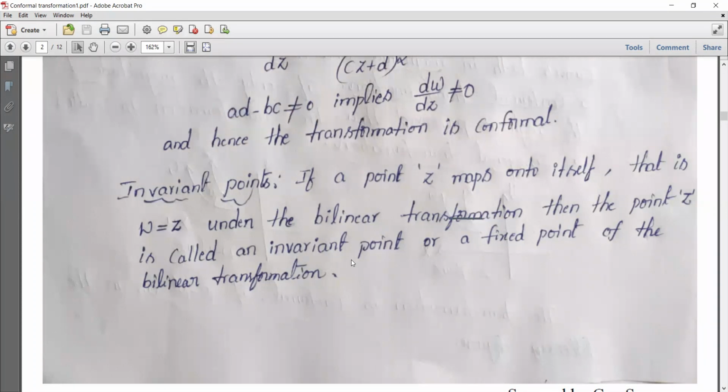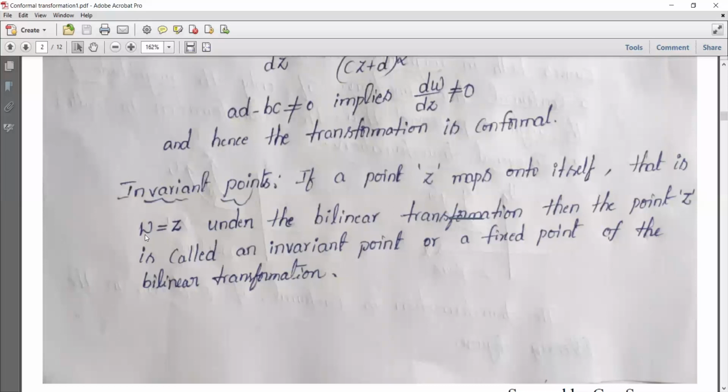Z maps onto itself means how can it map without a mediator, without a transforming function? It cannot map. To map something to something, we need some transformation. We need some mediator. That is the bilinear transformation W here. So to say this Z is an invariant point, it must map onto itself with the help of bilinear transformation W.